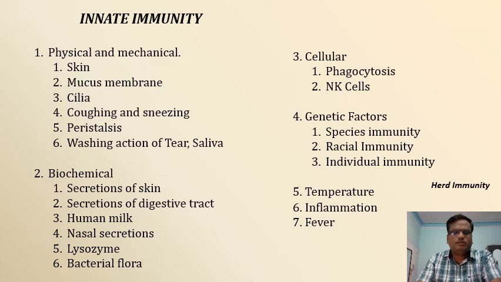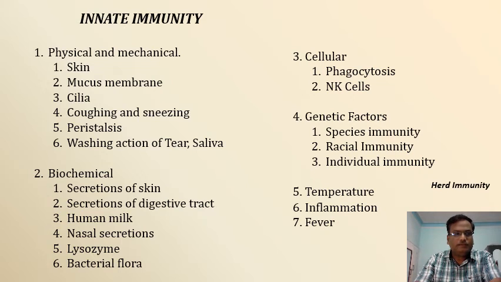Then the digestive tract secretion, especially the mucus and strong acids like hydrochloric acid, etc., and the digestive juices. I mean, the digestive enzymes also, in some way, protect against the infection.